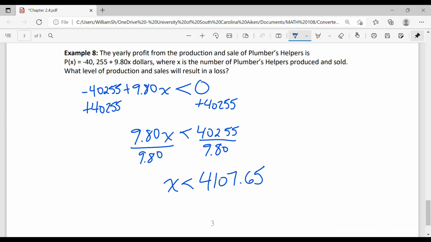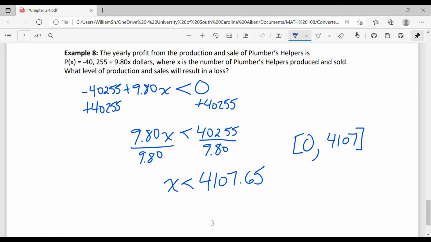So if I were to write this as a technical domain here, think back to chapter 1.1, right? Is it possible for me to sell 0.65 of a product? No, it's not. Okay, so in the technical area where this exists, where he can show a loss, is between, he can't sell any less than 0, so between 0 and 4,107.